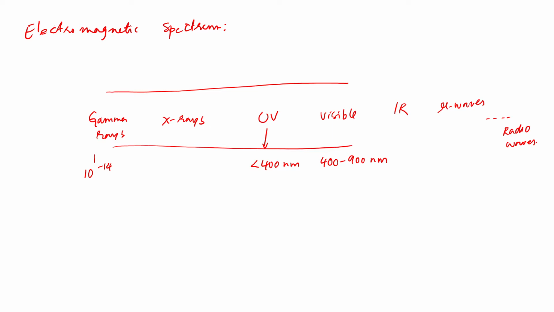And you can also look at this, instead of the wavelength, you can also use the frequency, right? So if I denote wavelength by lambda and frequency as nu, then you know that nu times lambda, the frequency of an electromagnetic wave times the wavelength lambda, is equal to c, the speed of light.